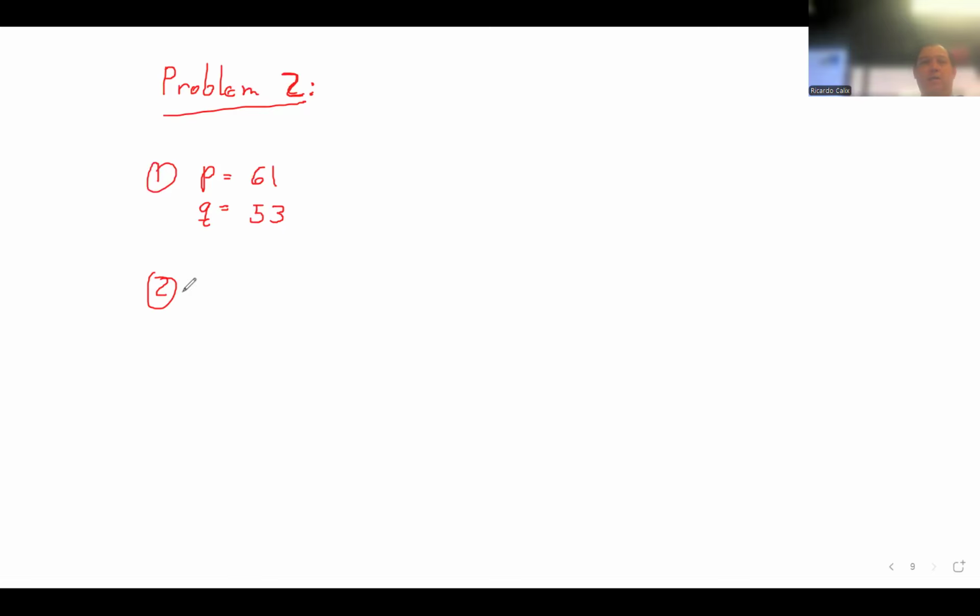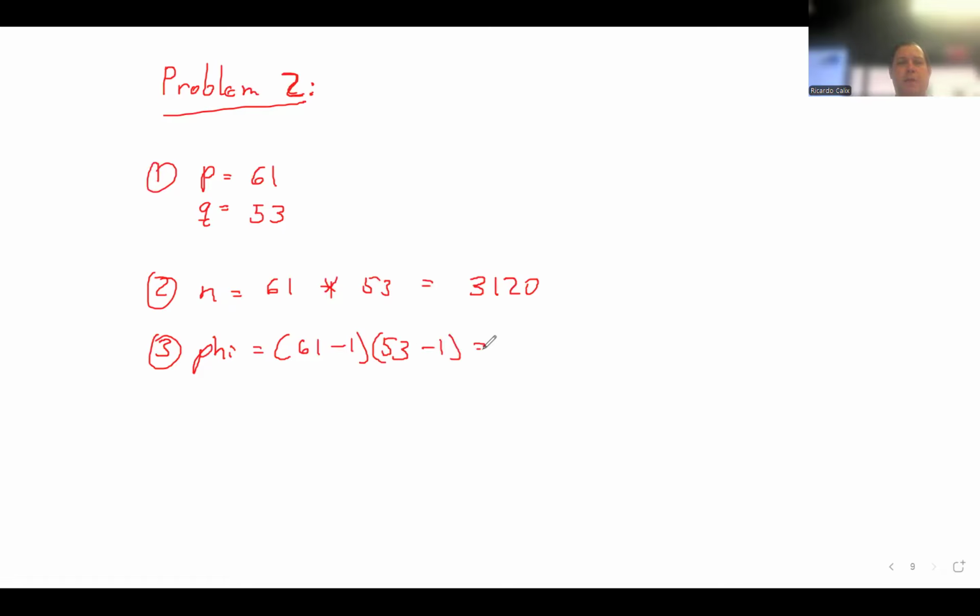So the first step, we want to calculate n, right? So n is going to be what? 61 times 53, right? And that should be equal to 3,120. Okay. Then we're going to do step 3. That should be phi, which is 61 minus 1 times 53 minus 1, which is 60 times 52.